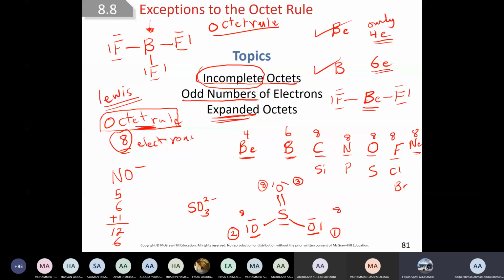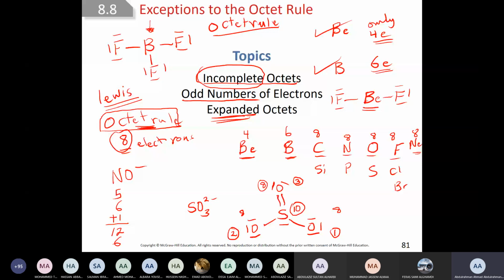I'm not talking about formal charge, I'm talking about how many electrons. Okay, how about sulfur? How many electrons around the sulfur now? 10. Is this acceptable? Yes, it is acceptable. Why?